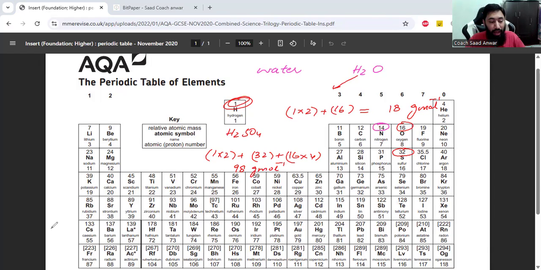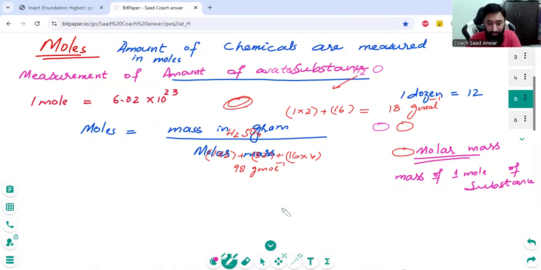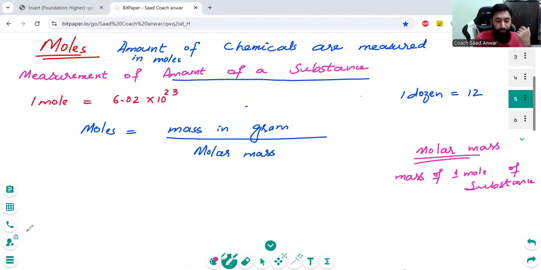Now jump back to this whiteboard. Let me erase other things. Okay, so here, molar mass of water is 18, and we need mass in gram.